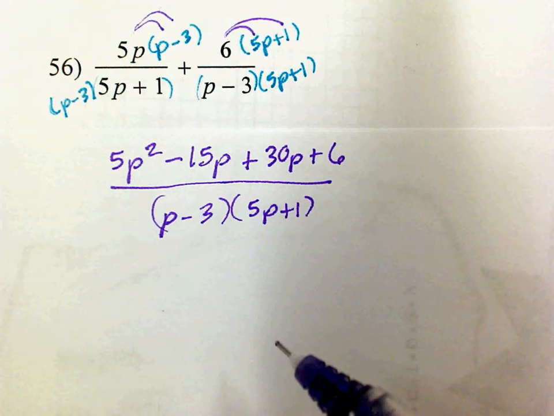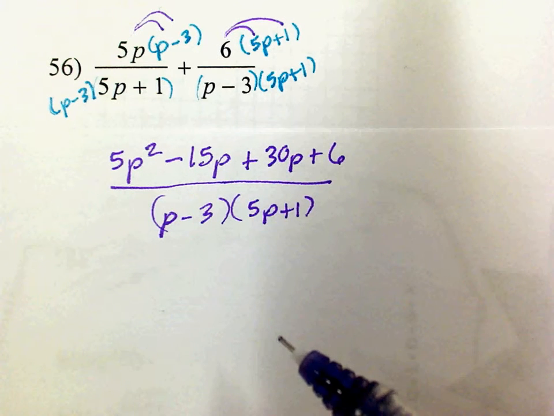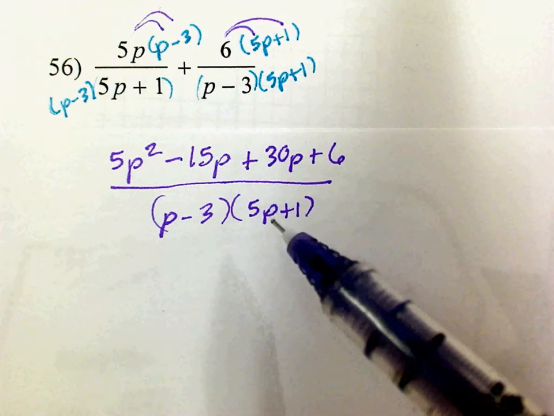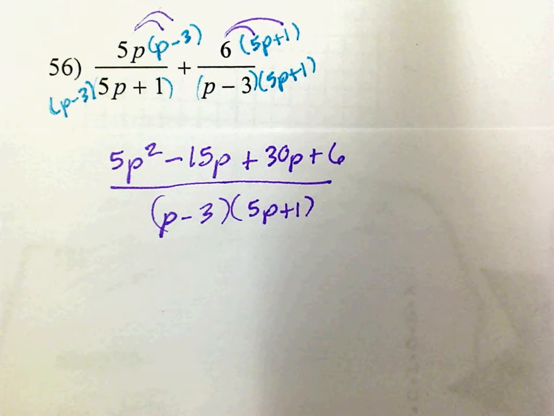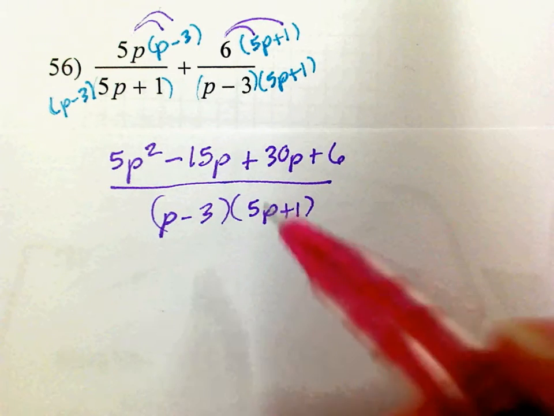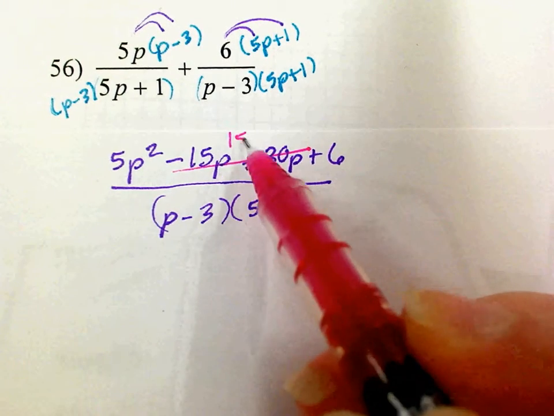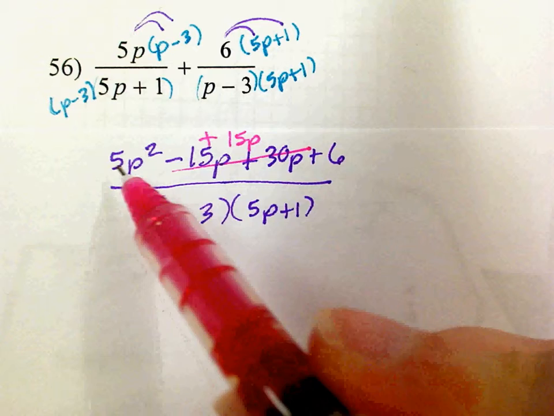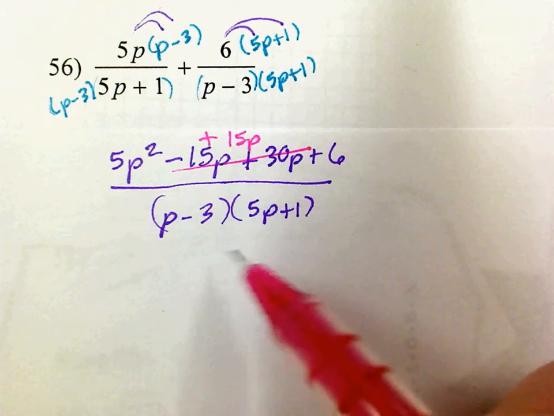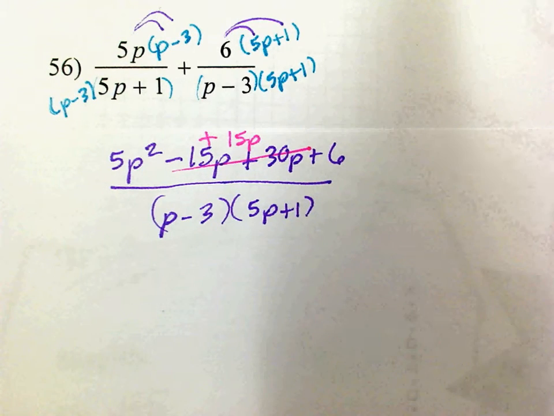You don't have to FOIL it out. You can just leave it like that, that's fine. Now, is there anything you can combine? Negative 15p and 30p is just a positive 15p. So my final answer is 5p squared plus 15p plus 6 over this, the denominator.